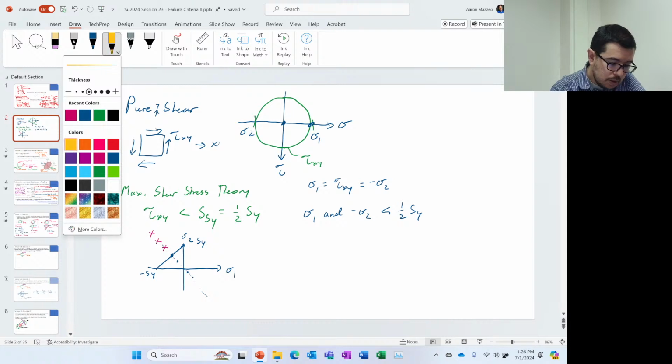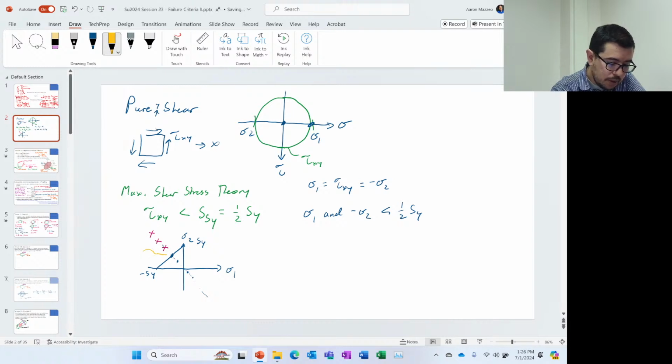This border has a value of SY, or minus SY over 2, SY over 2. We said sigma 1 has to be less than SY, and minus sigma 2 has to be less than SY. So that's where we are. Or wait a second, sorry.